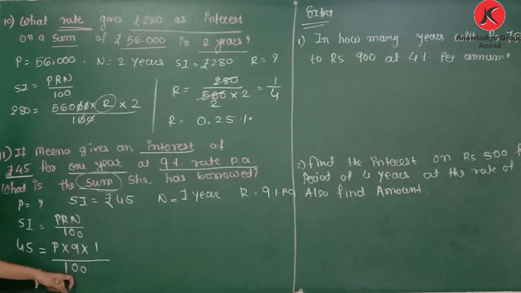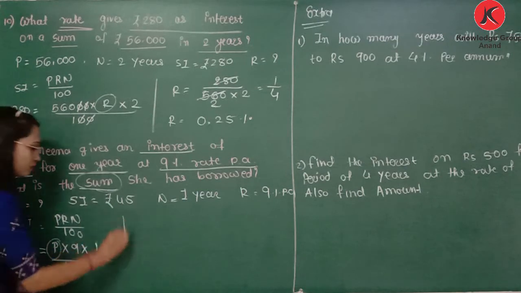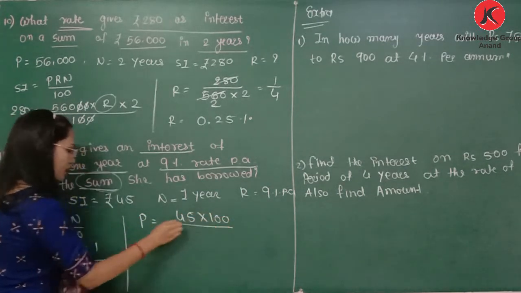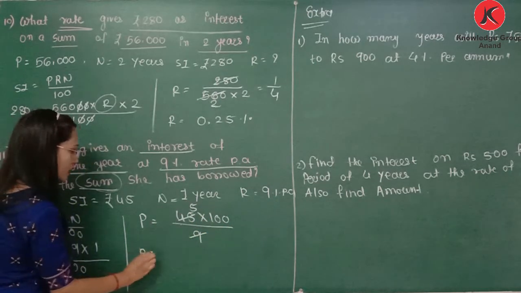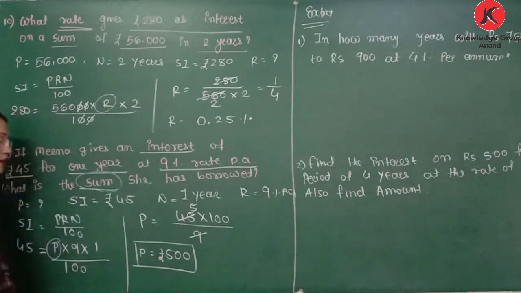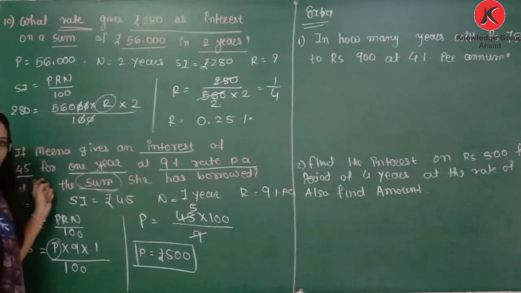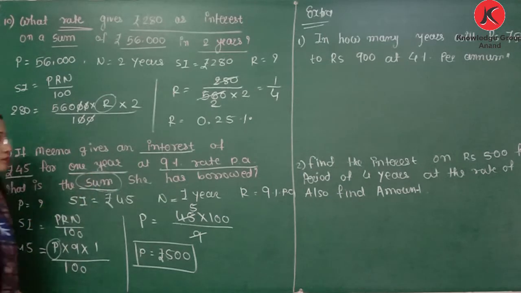Now take this 100 that is in the denominator and the 9 that is in a multiplication, they become division on the left side because we need to find the unknown variable P. So 45 multiplied by 100 divided by 9. So P is equal to 500 rupees. Means if she borrowed 500 rupees, then she needs to pay 45 rupees as interest when the rate of interest is 9% per annum and for 1 year.